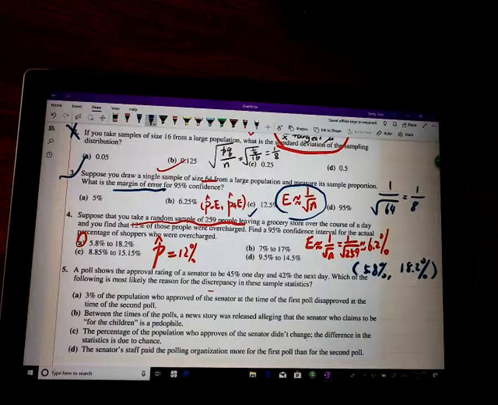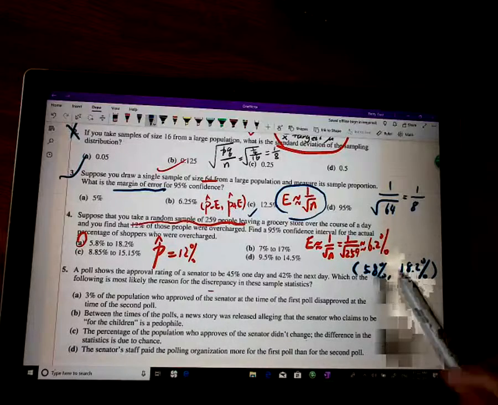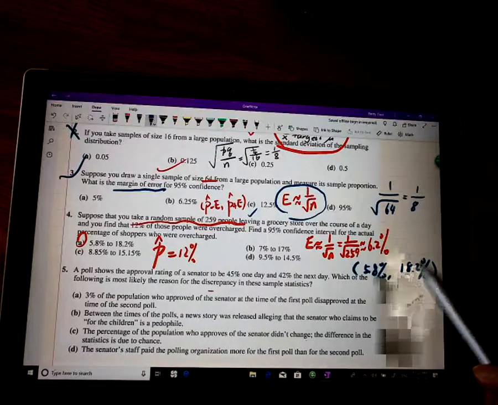Does that make sense? So it gives you a ballpark to estimate the true percentage for the population.